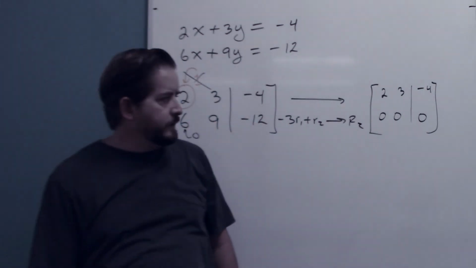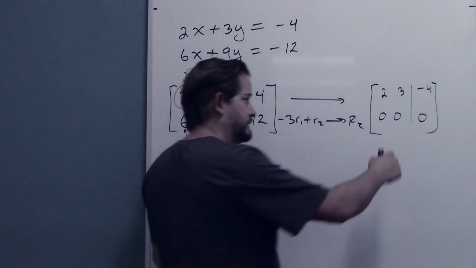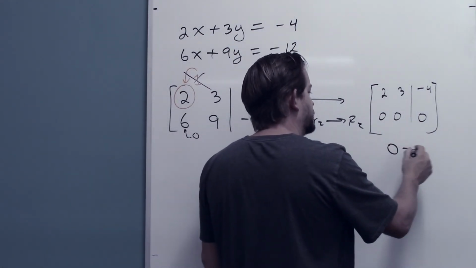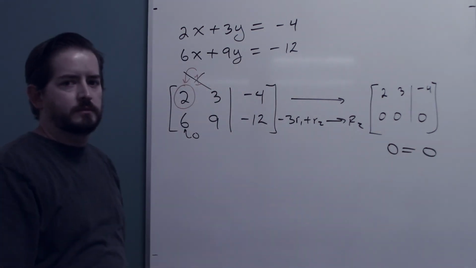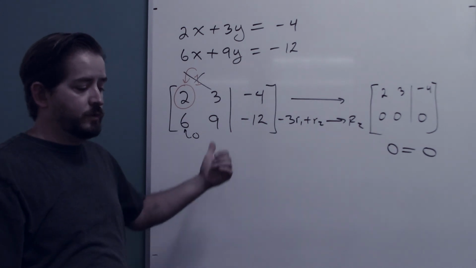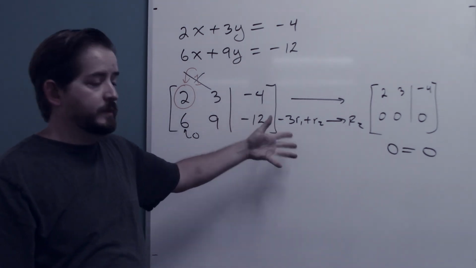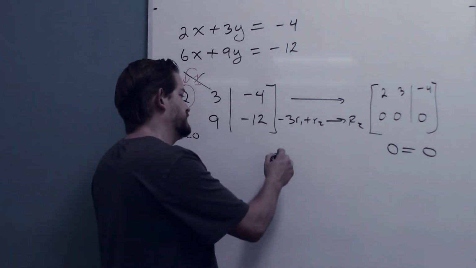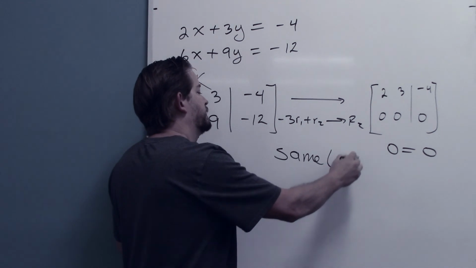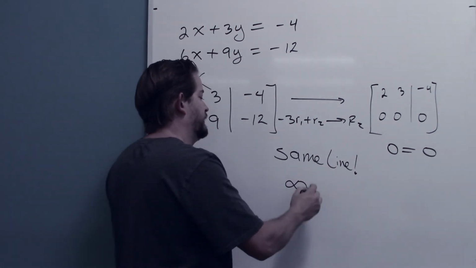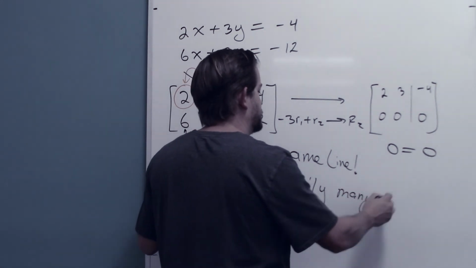So I've zeroed out the entire bottom row, but again, 0x plus 0y is then equal to 0, that's true. And if we talked about this graphically, this is two of the same line, which means I have infinitely many solutions. Infinitely many solutions.